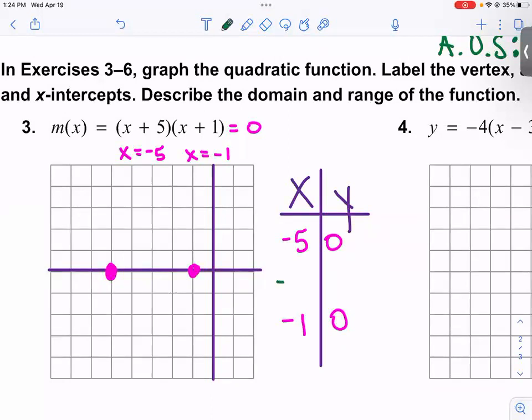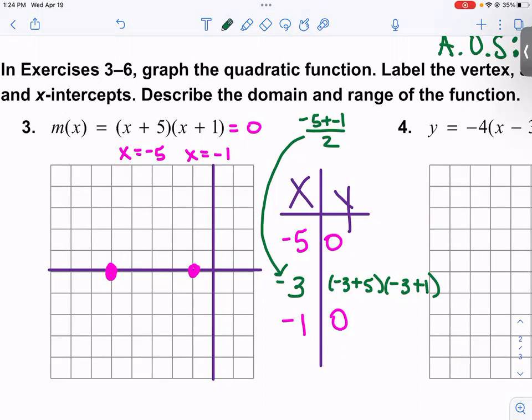A lot of people are telling you -3. Kane, let's talk about why. What do you get when you take -5 plus -1, and then we divide that by 2? That's how we get -3. So now let's plug -3 back in so we know where to put the vertex. If we take -3 plus 5 times -3 plus 1, that would be 2 times -2.